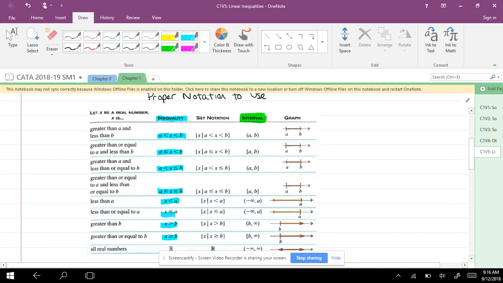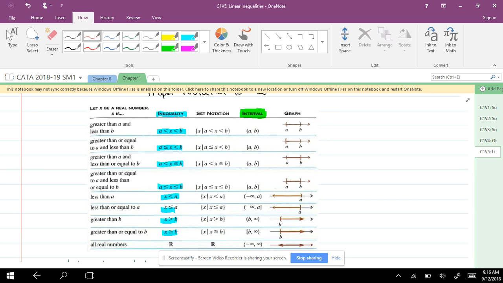And the big thing that I want to talk about is the use of parenthesis versus bracket. And it's easier to start with bracket. We use bracket when the values are included in the response.